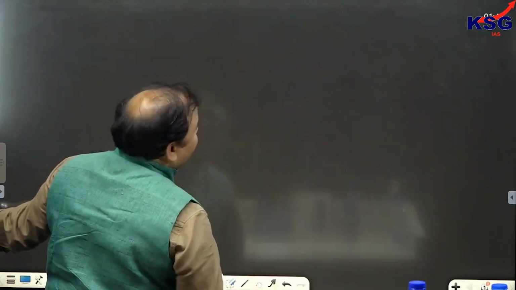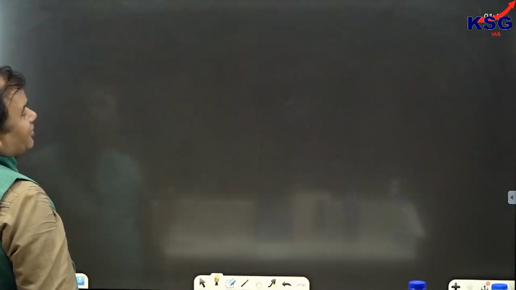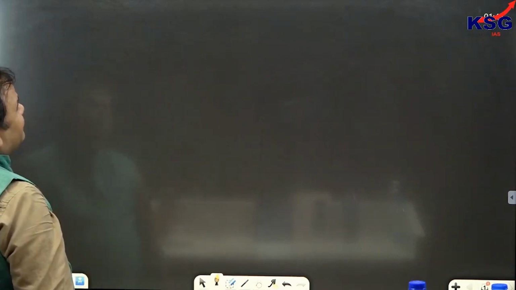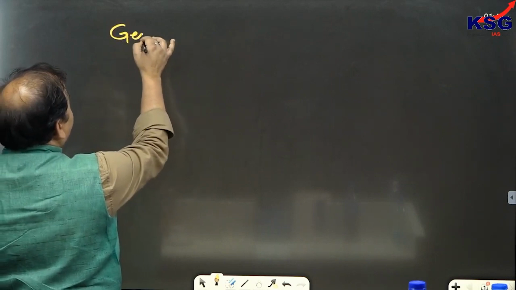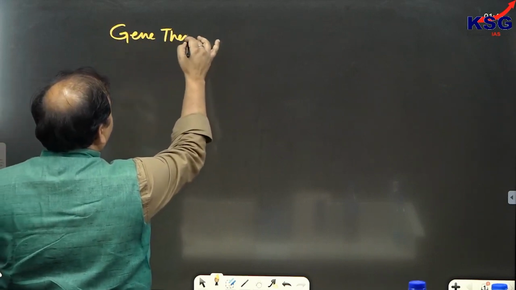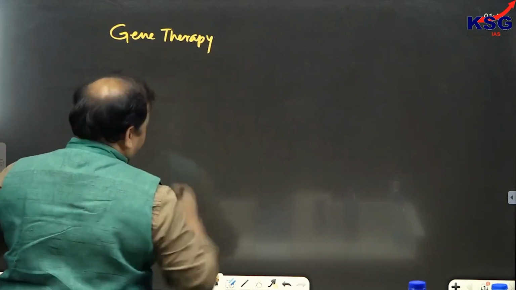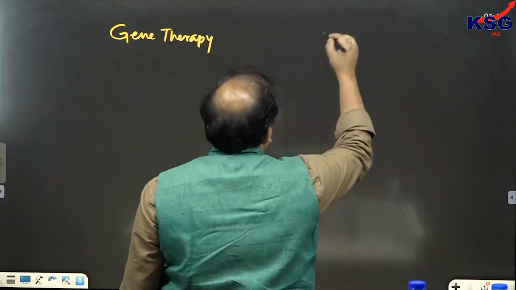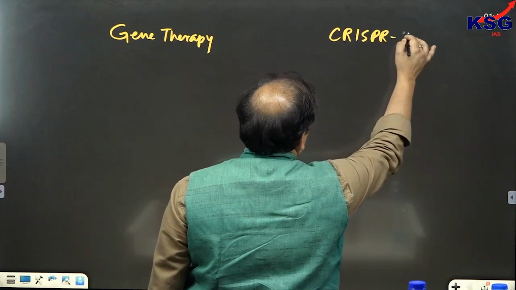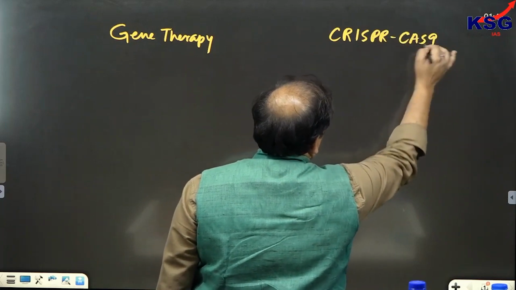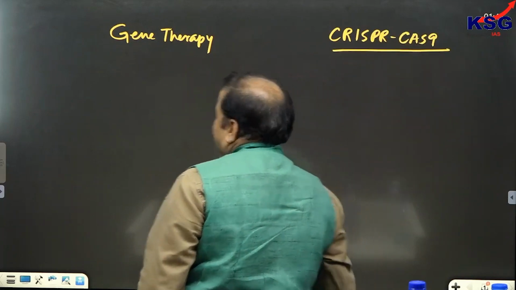Now, we'll discuss another thing in biotechnology, and that's also a question which is asked. It is called CRISPR-Cas9 technology. Clear? So there's a term called gene therapy, and there's a term called CRISPR-Cas9 technology.